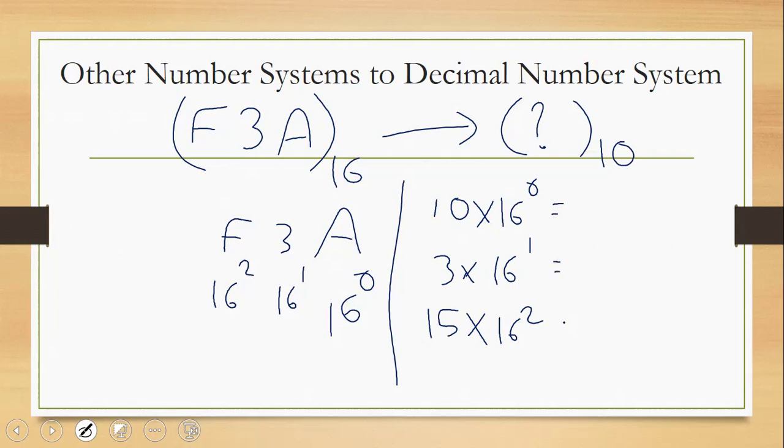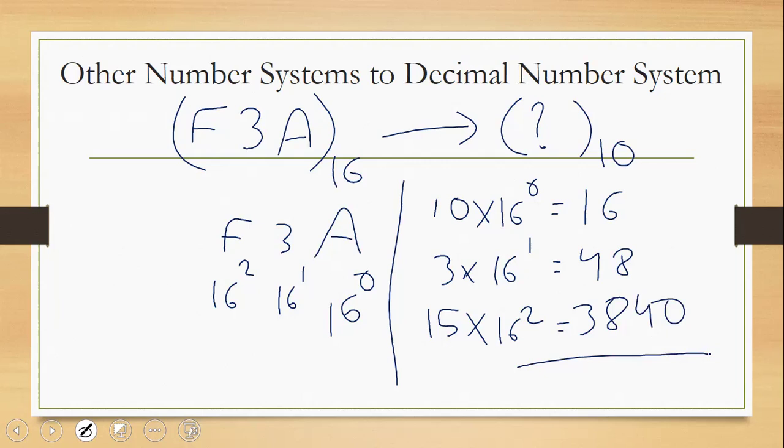So you can first multiply all these values and then go for the addition. So 48, and 16 square into 15 you need to do, that is 3840.